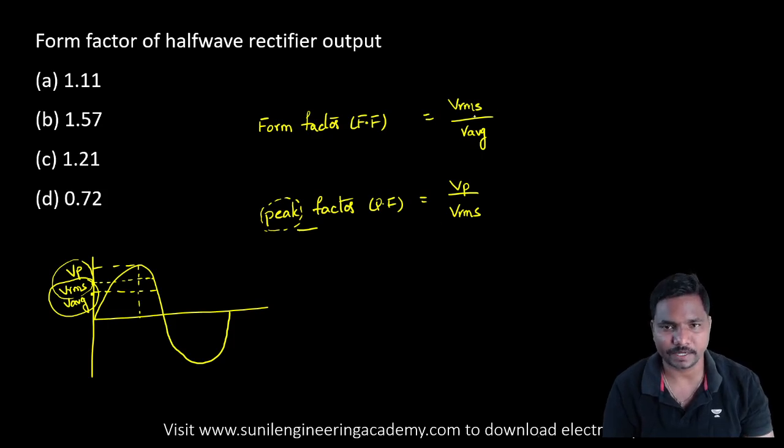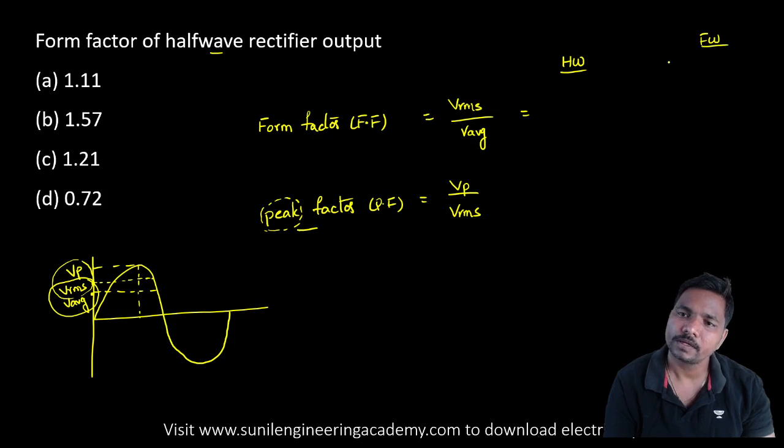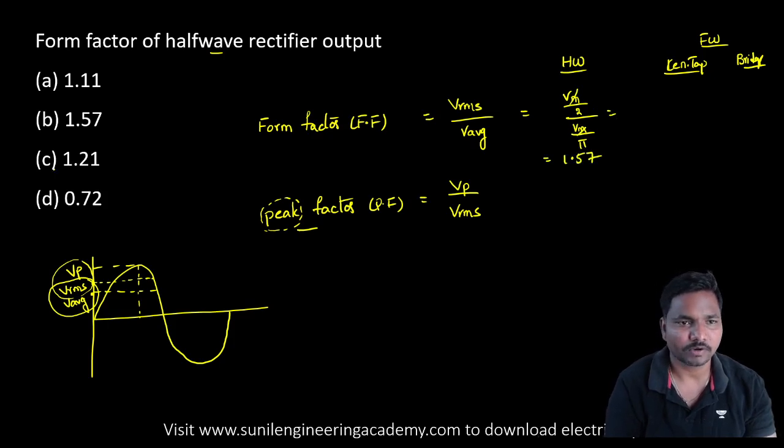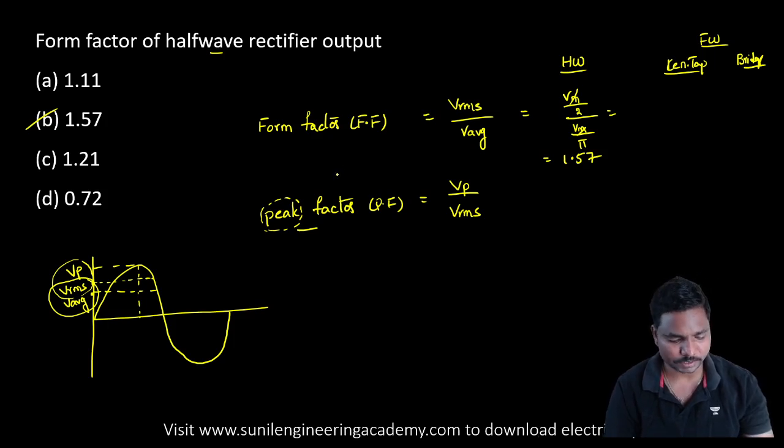To get the form factor for half wave rectifier, full wave center tap and bridge, you can calculate. For half wave rectifier, RMS value is Vm by 2 and average value is Vm by pi. So Vm cancels, pi by 2, that is 3.14 by 2, which is 1.57. So the answer is 1.57.